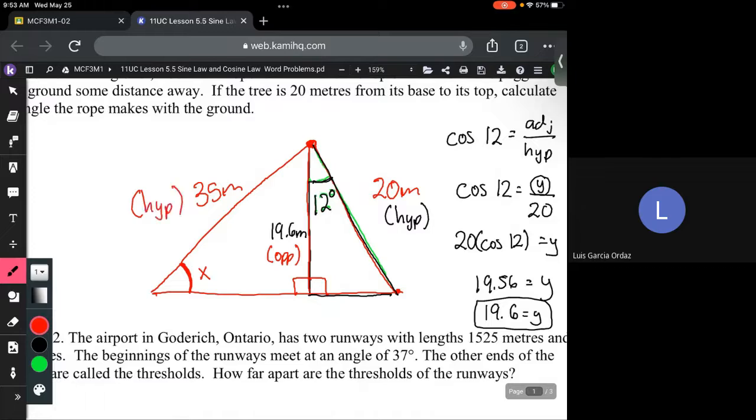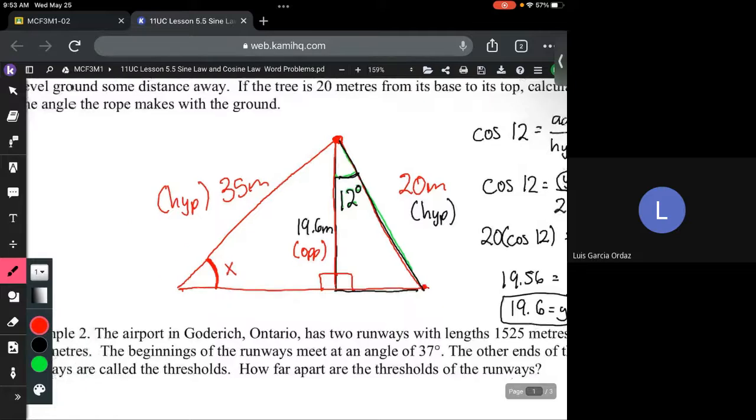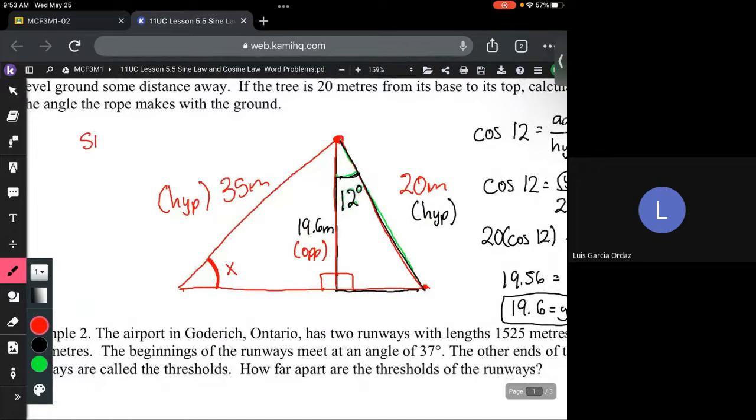So what has opposite and hypotenuse? Sine. So sine of x is equal to opposite over hypotenuse. So sine x is equal to 19.6 over 35. Using your calculator, how am I going to find this angle?